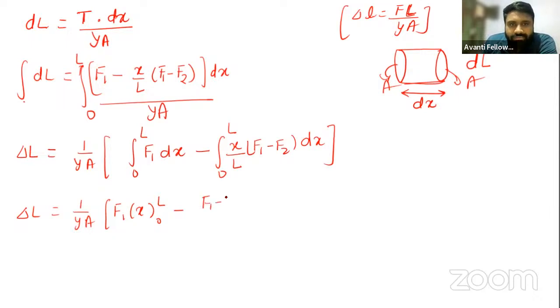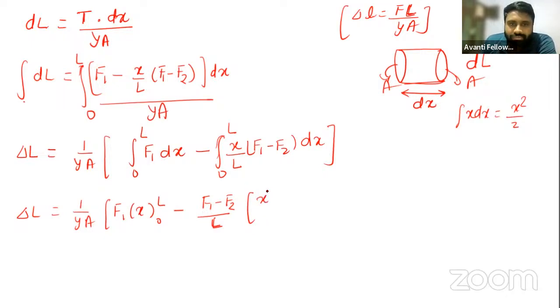Minus, this F1 minus F2 and L are constants, so I can take them out of the integration. The integration inside will be left as x dx. I have told you the integration of x dx is x square by 2.